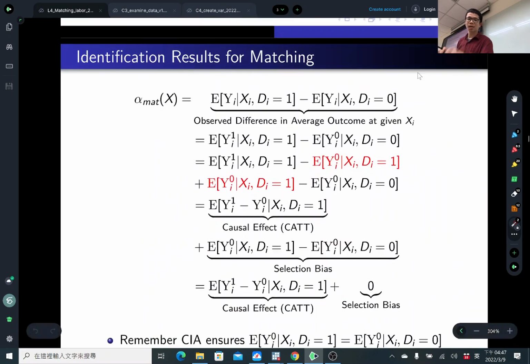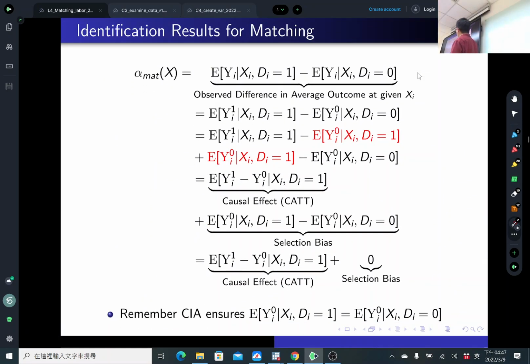Based on these two assumptions, we can see what kind of causal effect we can get from the matching method. Again, the only thing we can compare is the observed difference in the average outcome between the treatment group and control group. But the matching method suggests we need to control some key characteristics X, for example age.